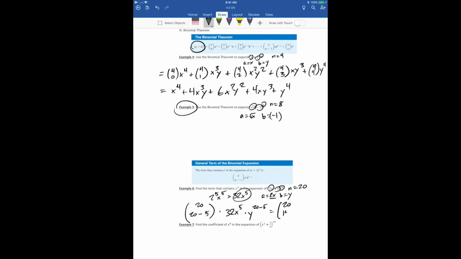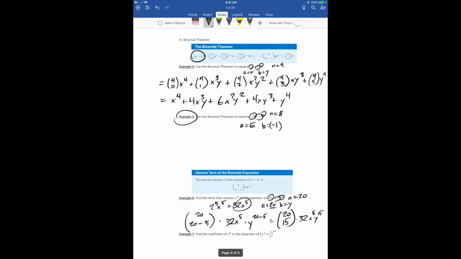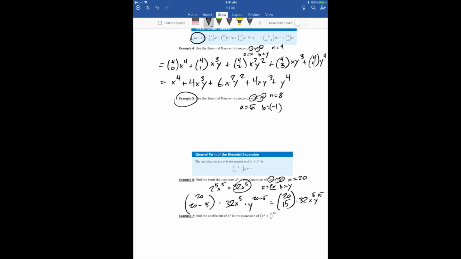That's 20 choose 15, times 32, x to the 5th, y to the 15th. And 20 choose 15, times 32.